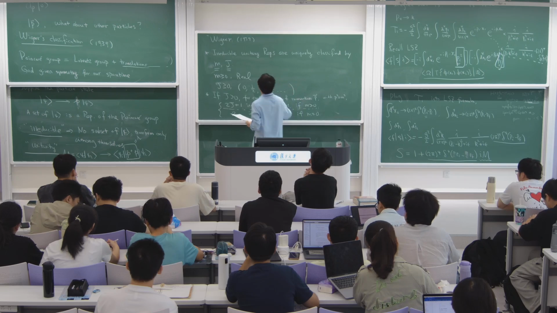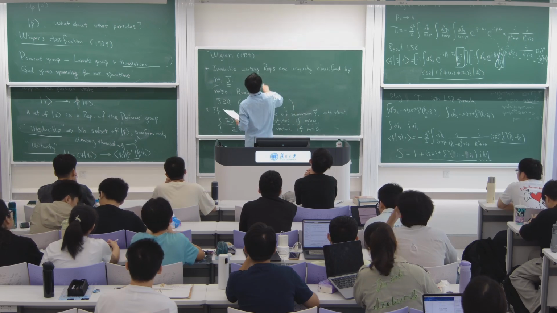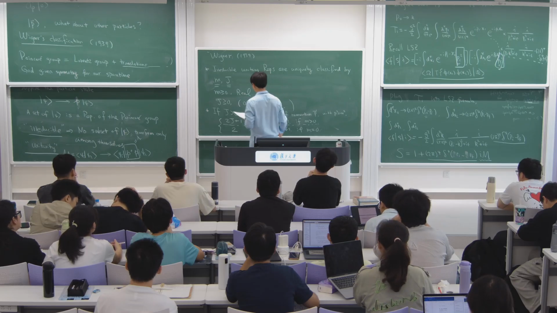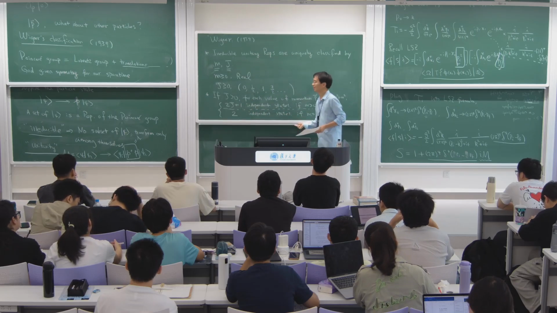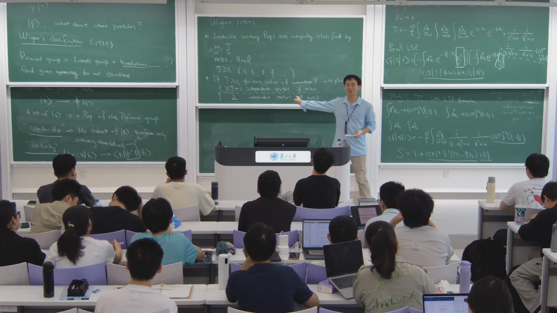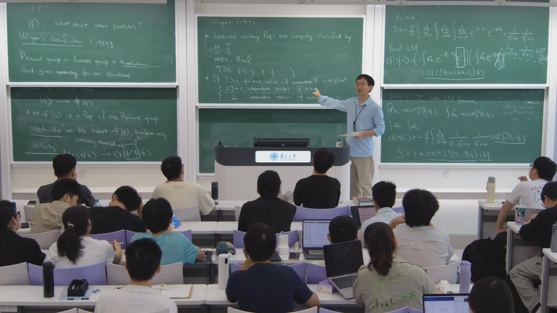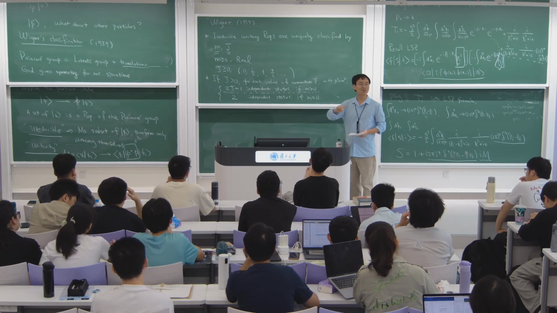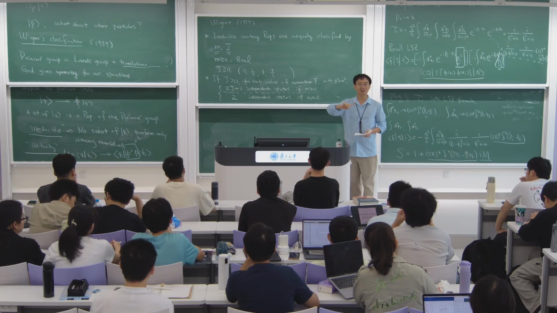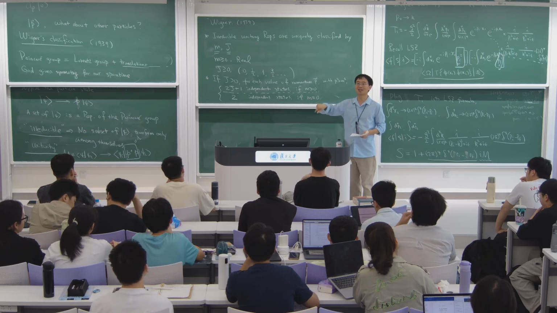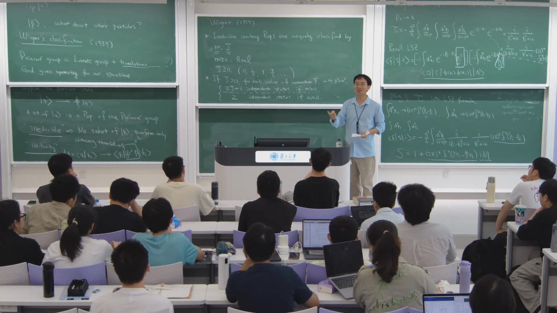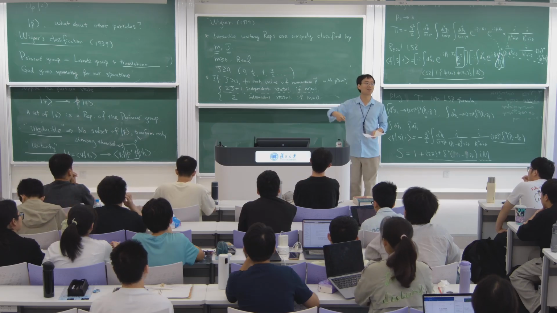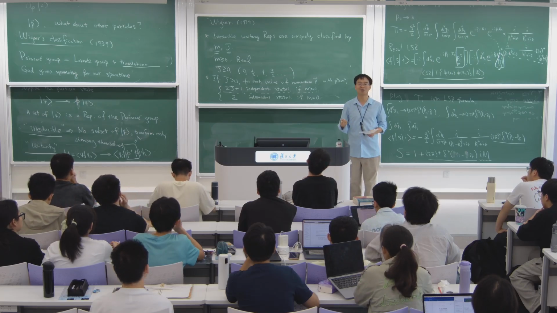At least from one place you can see it, because P is a continuous variable. It can take infinitely many different values. Each P represents a different state. So you can see this representation is actually infinite dimensional.